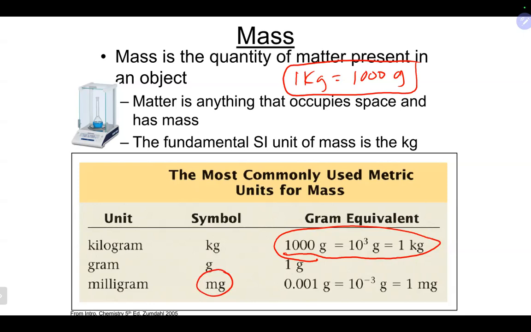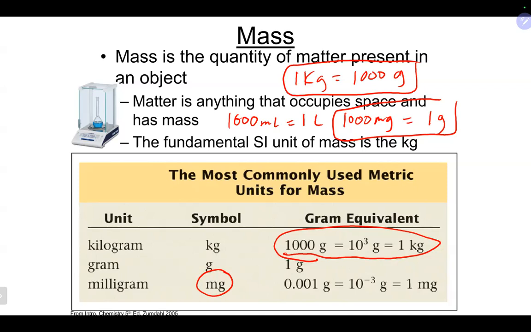And just like we saw with our volume, that there are 1,000 milliliters in 1 liter, there would be 1,000 milligrams in 1 gram. These relationships are basically the same. It doesn't matter the base unit that you come across.